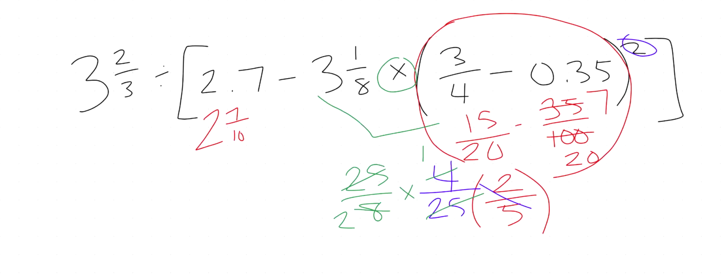The subtract. 2 and 7/10, take away 1/2. So you have to make the 2 a 10, so you've got to multiply it by 5. Good.